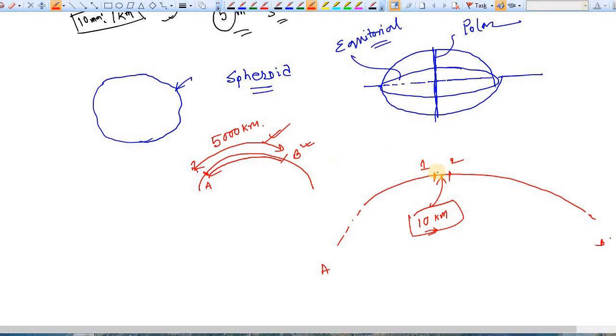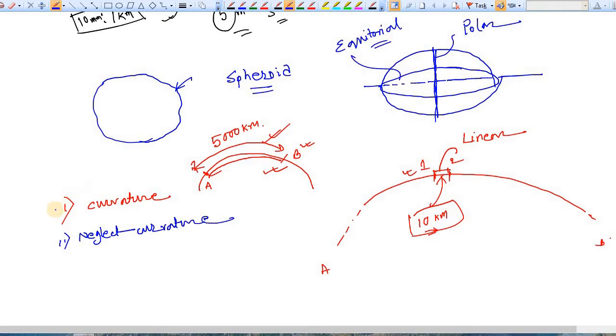And here if you measure this distance by your tape, the tape is more or less linear. It is not curved. So the basic difference of these two measurements is, in the first case we have to consider the curvature of earth, and in the second case we can neglect the curvature of earth.